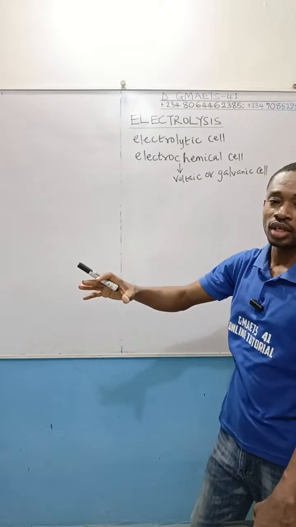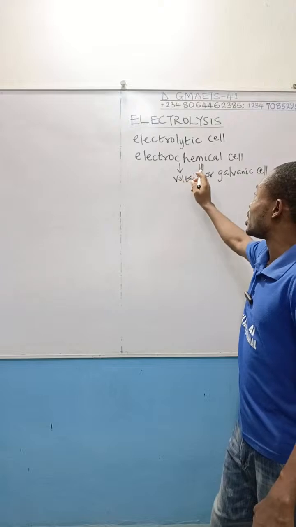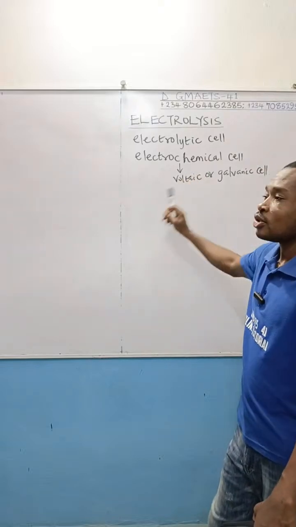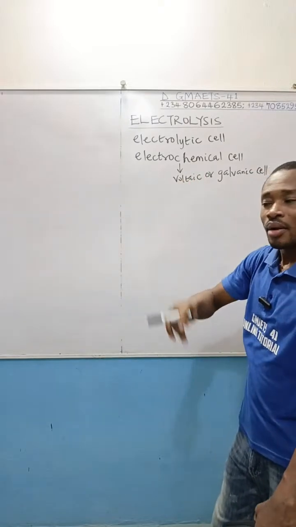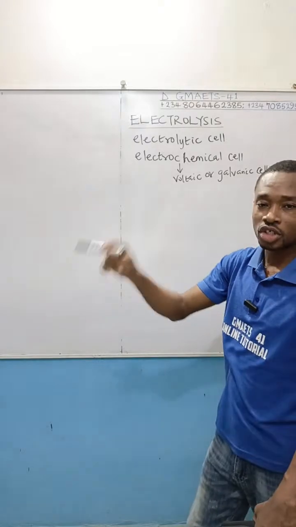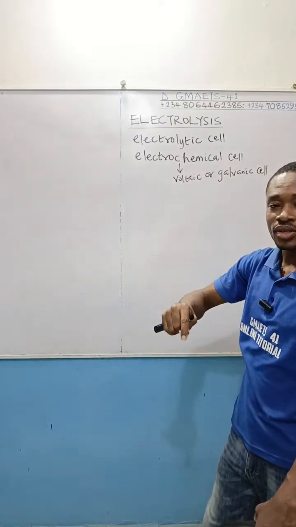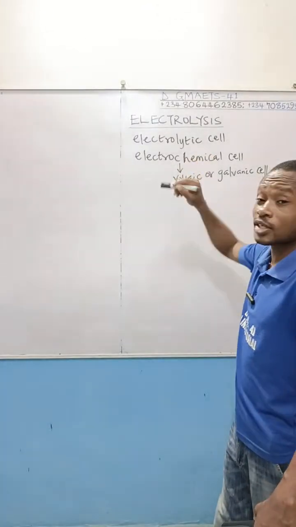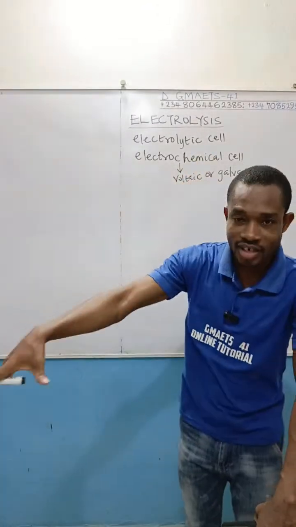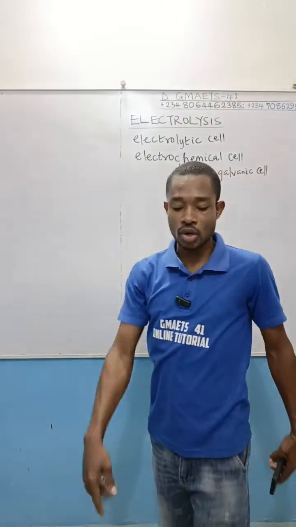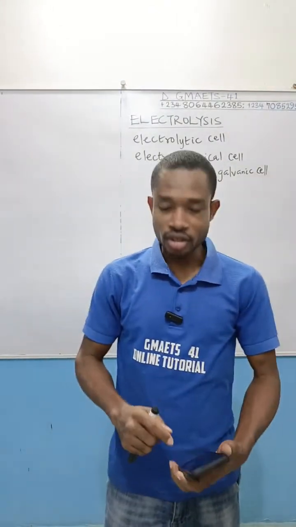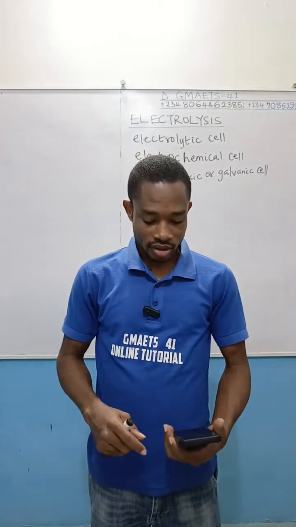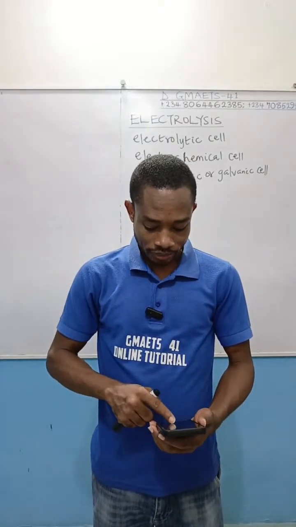Pass current through it and that solution will decompose. But in electrochemical cell, you produce current by making use of chemical changes. Chemical changes are converted into current production. Whereas in electrolytic cell, current is used to decompose the chemical content, the electrolyte that is being used there.